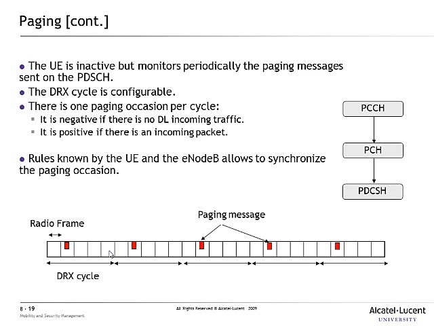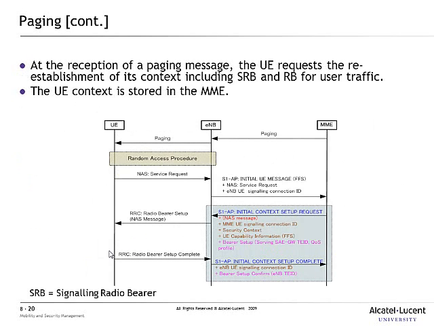And once it detects that there is a packet, then it responds to that paging message. How does it respond to the paging message? Well, the first thing that it has to do is establish a service request. So it sends a service request message back to the eNodeB, and at that point a link with the MME is established, and then the rest of the procedure can carry on to establish a link.